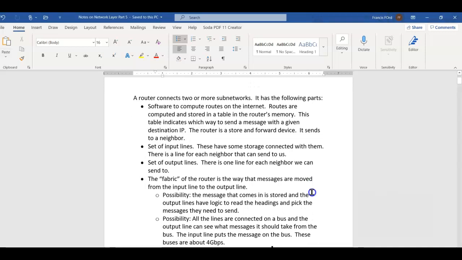There are three possibilities here. The message might come in and it is stored, and the output lines have the logic, the program, to read the headings and pick the messages they are supposed to send. Another way would be all the lines are connected on a bus.